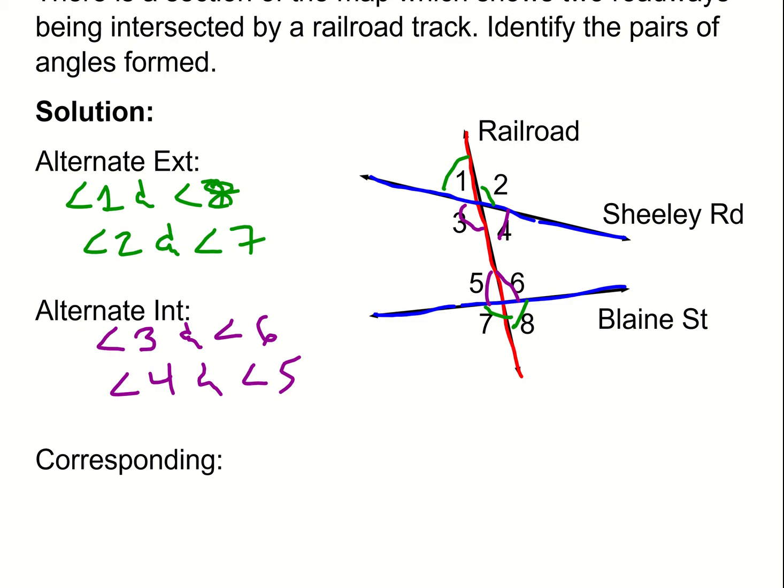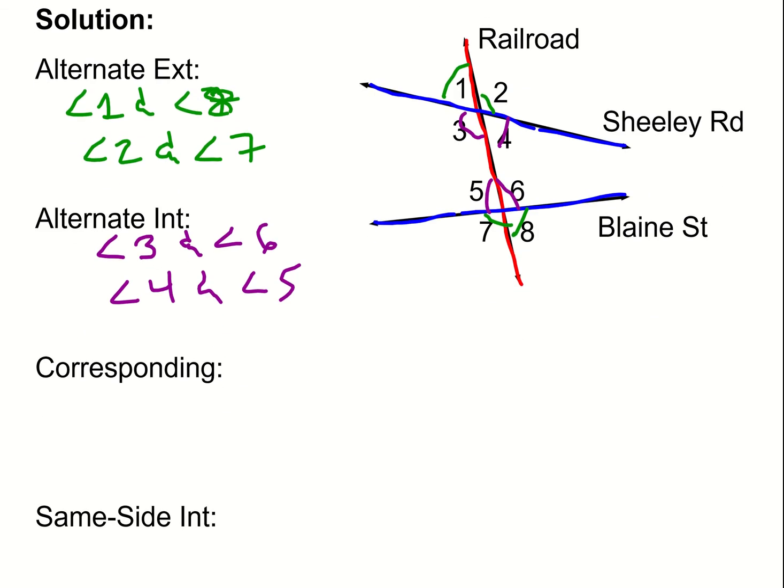And so now we want to look at the corresponding. So for corresponding, remember that they have to occupy the same types of positions. So in this case, if we look at angle 1, the angle that has the same kind of position as angle 1 is angle 5.